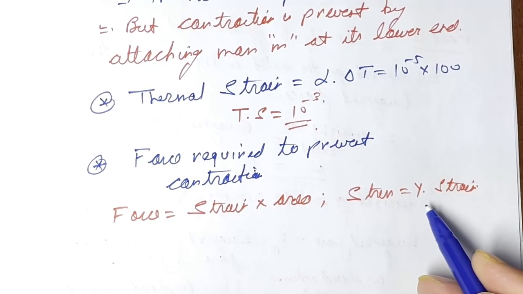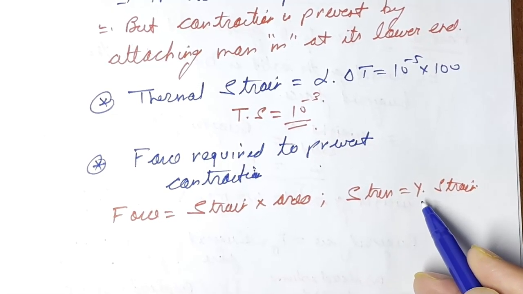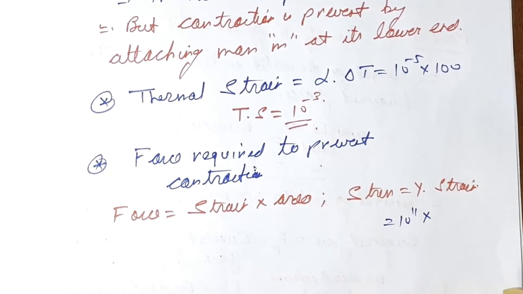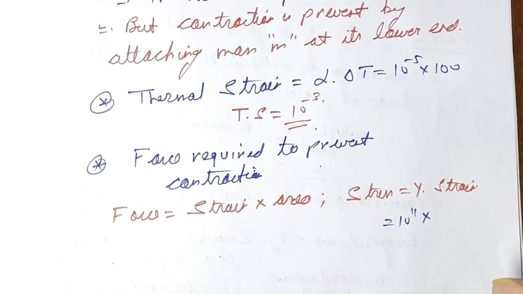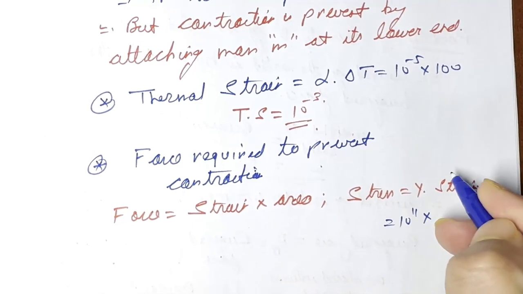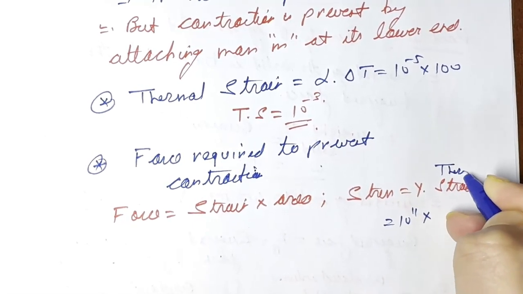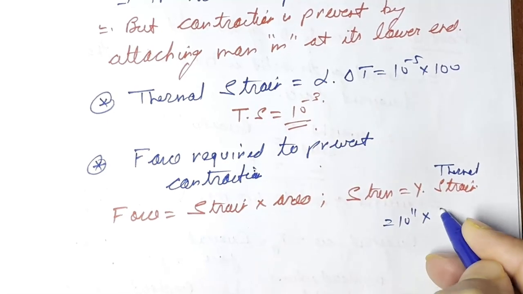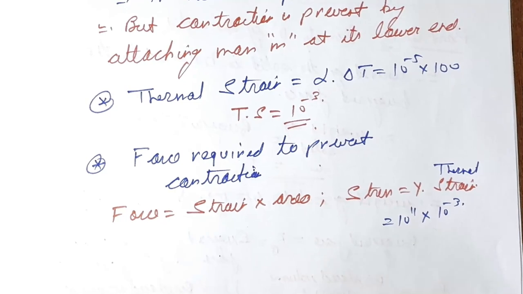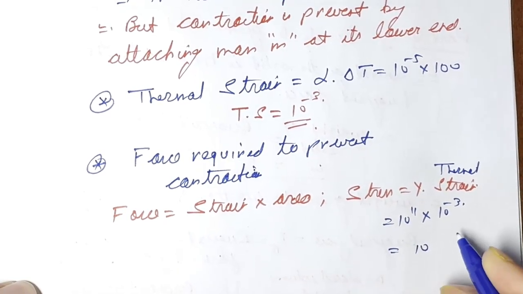Young's modulus is given to us as 10^11, and the thermal strain we just calculated is 10^-3. So the stress comes as 10^8.